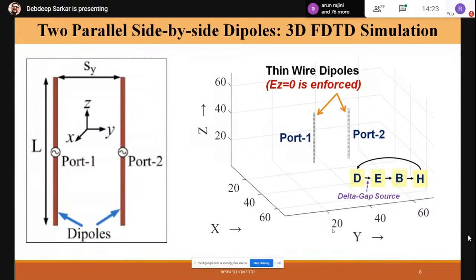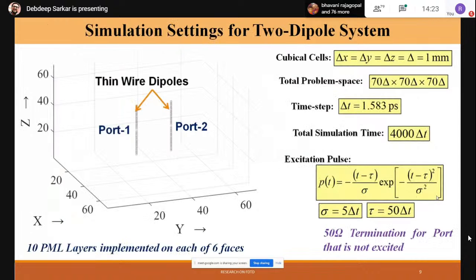So source insertion will be there, and of course the entire problem space is now inside a kind of cube. In this figure I have not shown it, but I have put 10 PML layers. You can put more also.